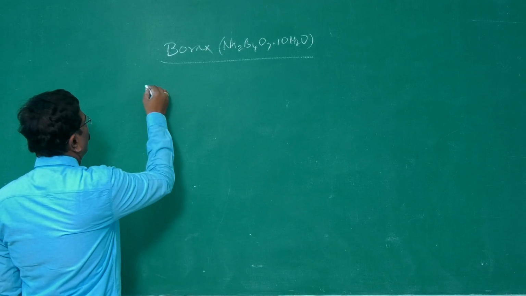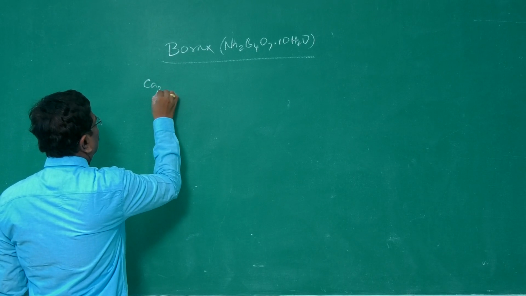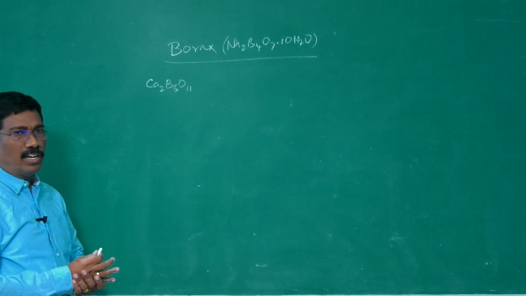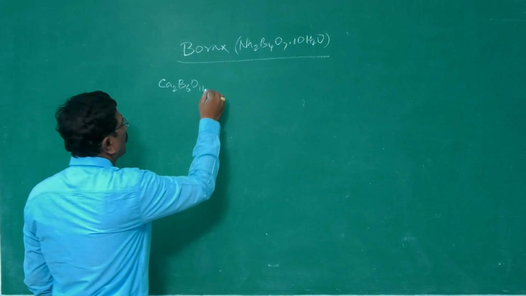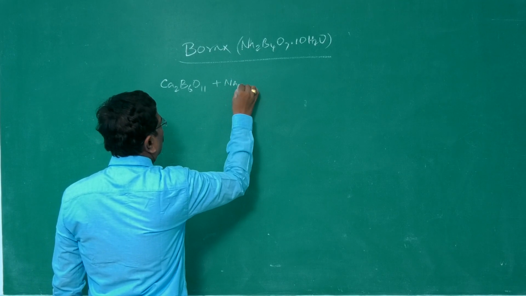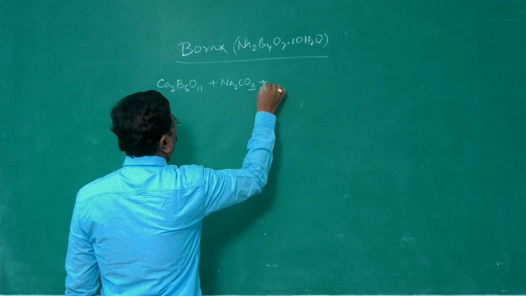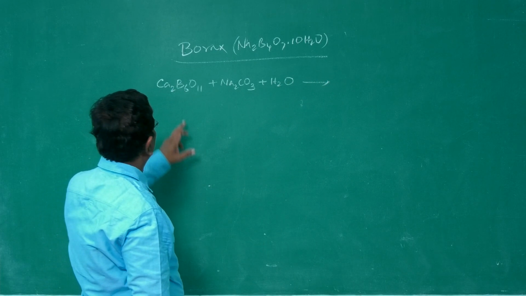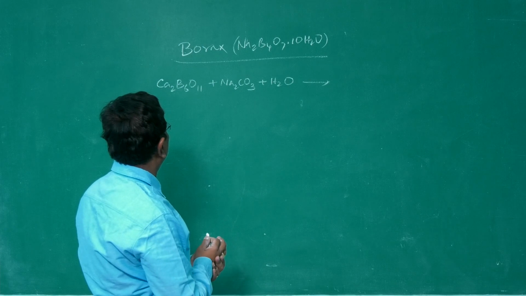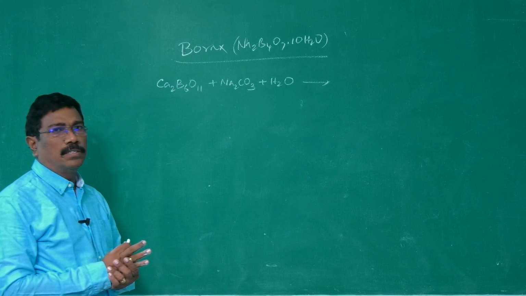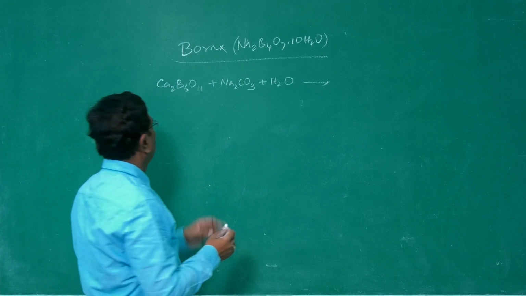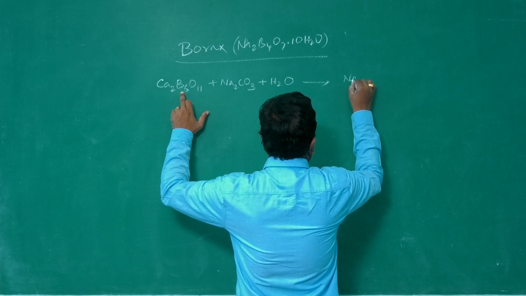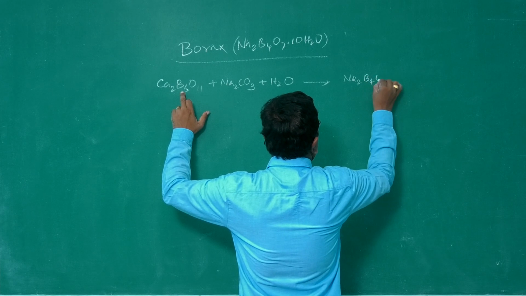It can be prepared from colemanite, Ca2B6O11. Colemanite is fused with sodium carbonate solution, therefore H2O comes in. What is happening? All the boron in colemanite becomes borax, Na2B4O7.